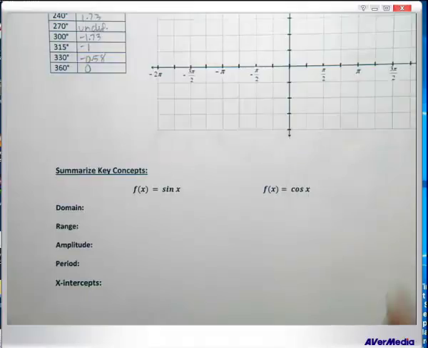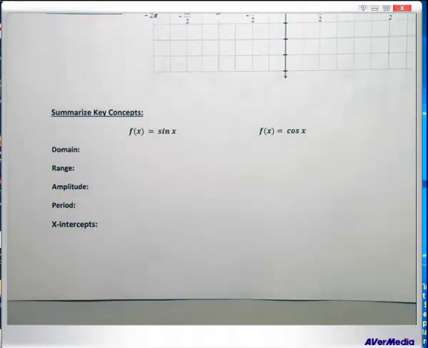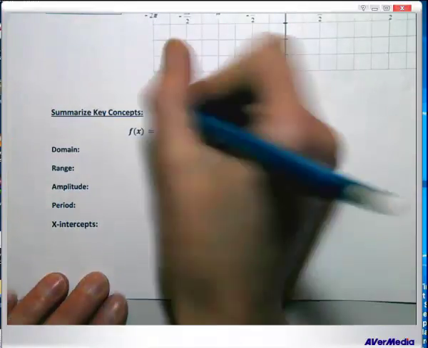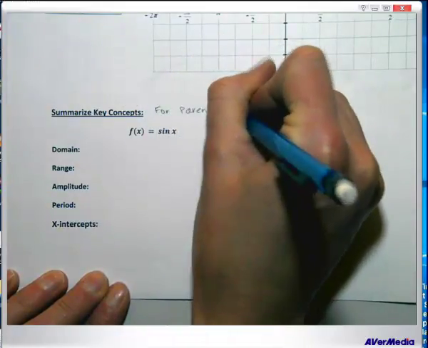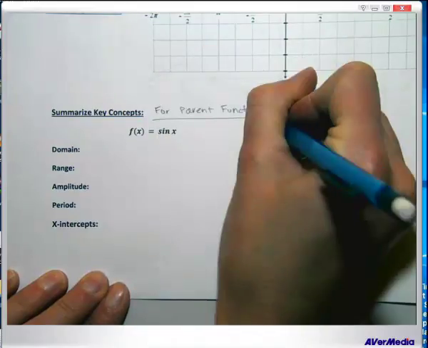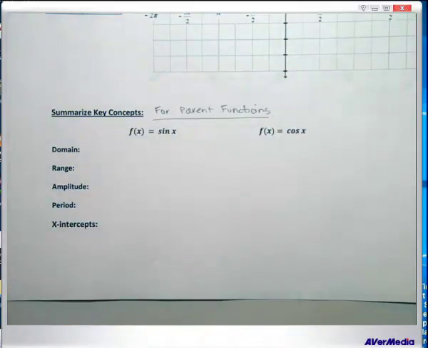Okay, we are not going to graph the tangent function today, but on the next page, we are going to summarize some of the key concepts of the sine and cosine function. And this is just for the parent functions, because you remember every single function family we've dealt with, we've done transformations. We've multiplied by something. What does that change? We've shifted left or right.